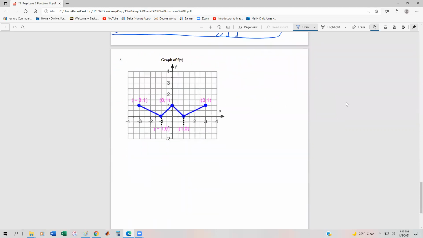One last example we can take a look at is with respect to the graph of a function. And let's take a look at the points we're given. So right here we have -3, and it gives us the exact same value as +3. All right, so f at -3 is equal to 1, and f at +3 is also equal to 1.